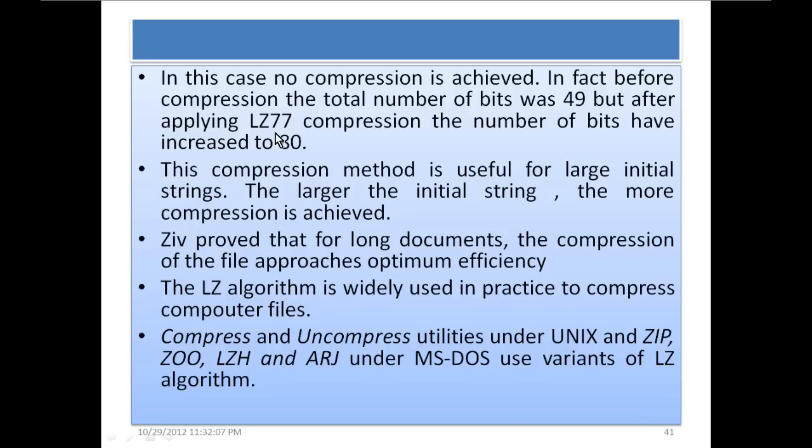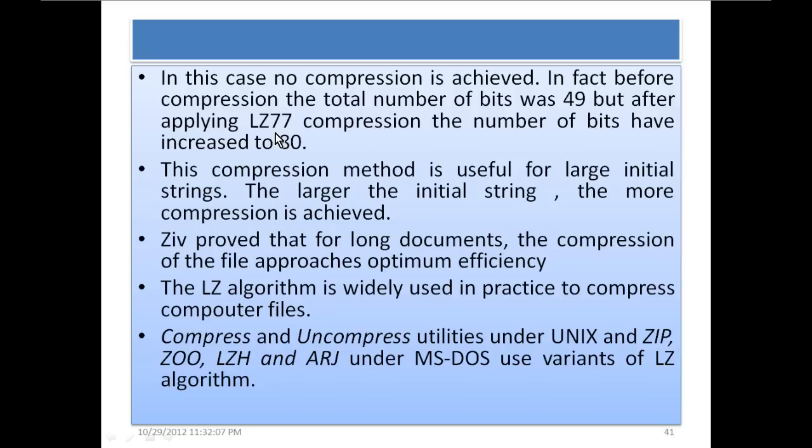The LZ algorithm is widely used in practice to compress computer files. Compress and uncompress utilities under Unix, and zip under Unix, and zip, zoo, LZH and ARC under MS-DOS use variants of LZ algorithms.